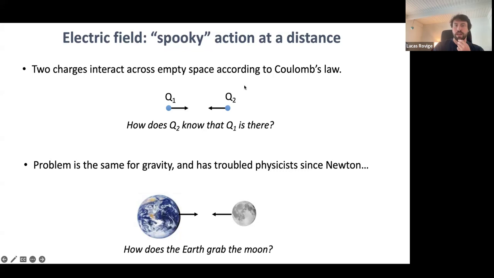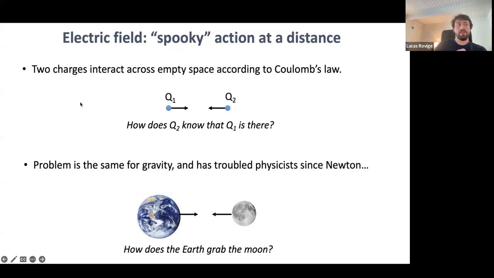But the question we can have is, how does Q2, for instance, know that Q1 is here? How can they interact if they're just in vacuum? That's kind of the same problem for gravity: how does the Earth affect the moon from such a far distance? How does the moon know that it has to be attracted to the Earth?